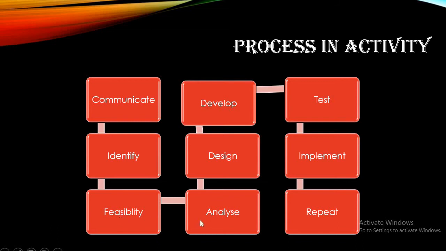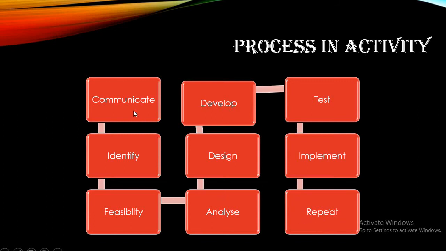Then it has to analyze the requirements, make a design according to the identification, develop the software according to the design, and test the developed software according to the customer specification and types of errors. Here we are deciding whether to implement the software or to repeat the steps again. So these are the activities that are involved in the process.